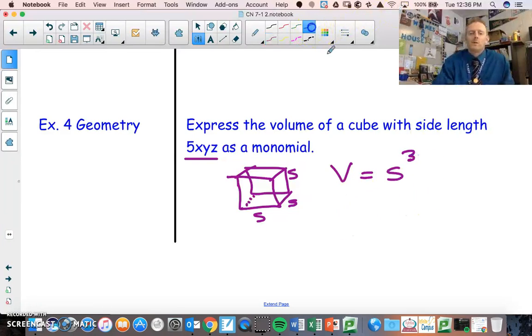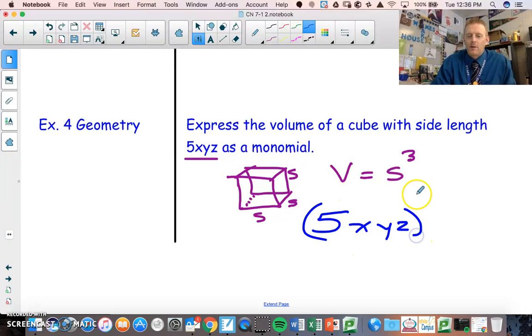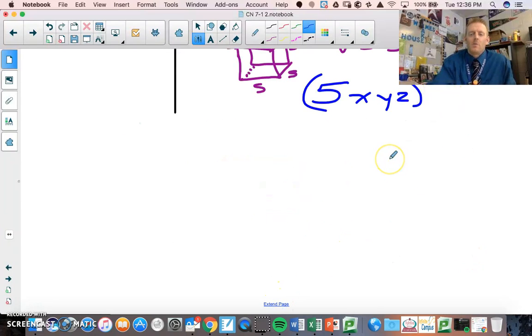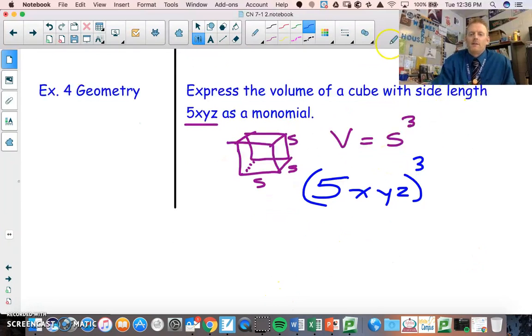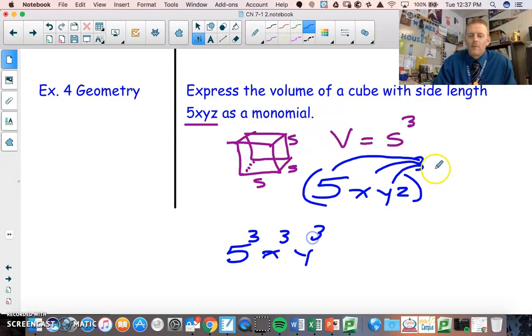So what we would do in this problem is take that 5xyz and put it to the third power to get our official answer, which means that this third power comes to the 5, so it becomes 5 to the third power. It also goes to the x, so it becomes x to the third power, y to the third power, and z to the third power.